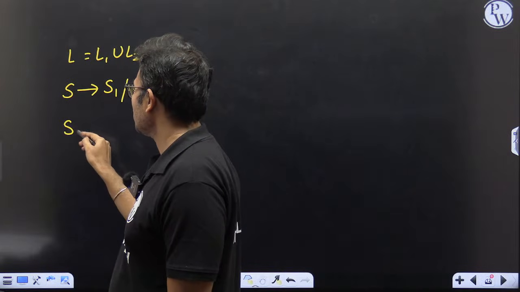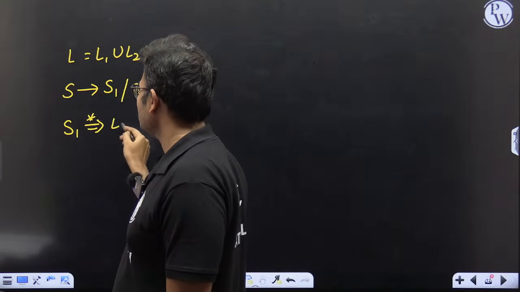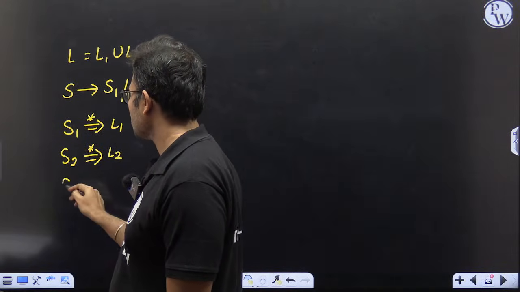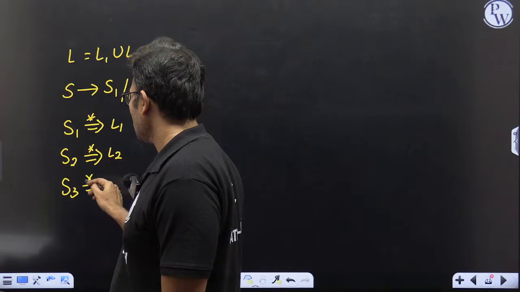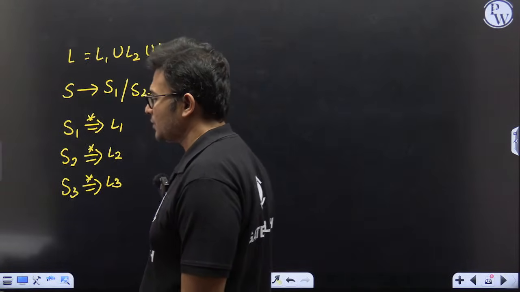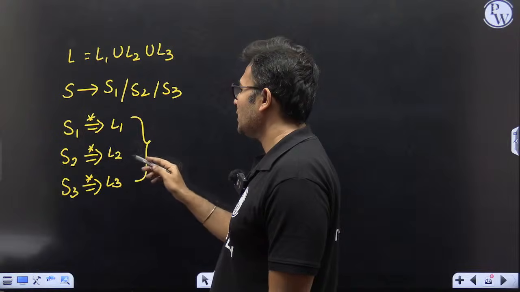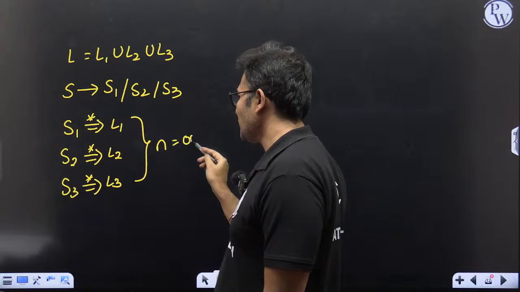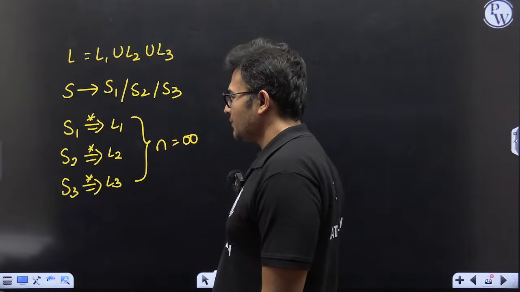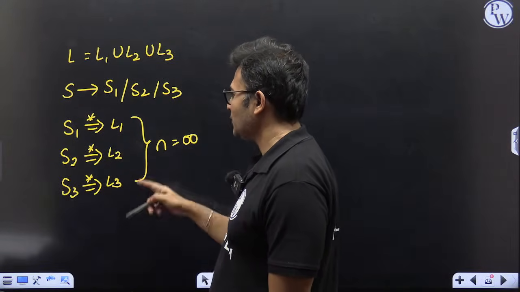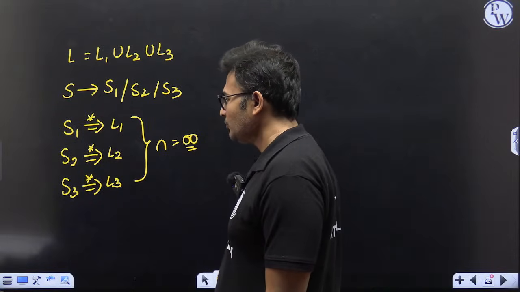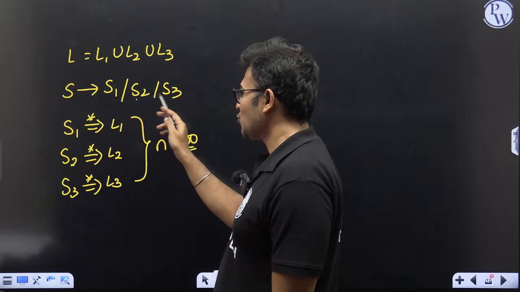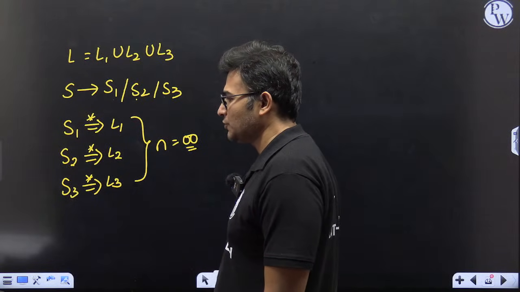Now S1 generates L1, S2 generates L2, S3 generates L3. Now if I take the intersection of any two languages or all the languages, and the intersection is infinite, then between the languages there are an infinite number of common strings, and those common strings can be generated by either S1, S2 or S3.